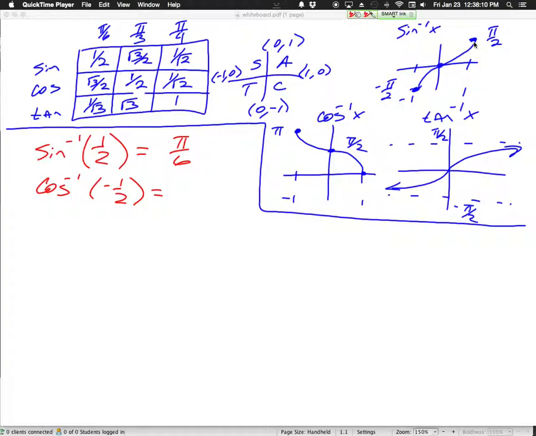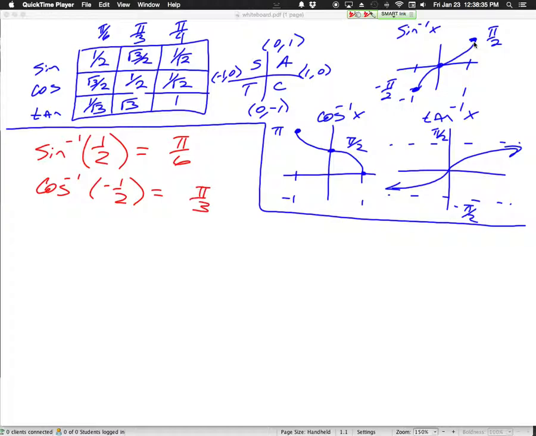Alright, we look for a match again. I go to cosine, I go across till I see 1/2, I go up, 1/2 gives me pi over 3.